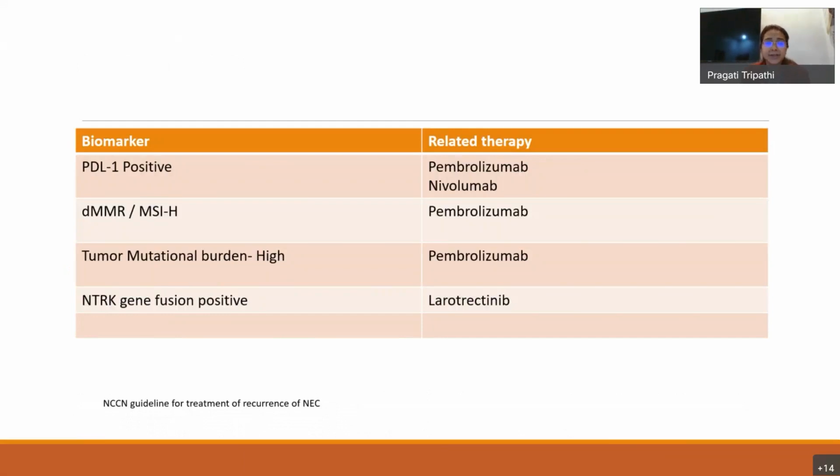Where there is deficient MMR and MSI is high, we use pembrolizumab. Where we found that tumor mutational burden is high, pembrolizumab has been added. There is a study where NTRK gene fusion positive mutation was also seen in one patient, and larotrectinib has been used.